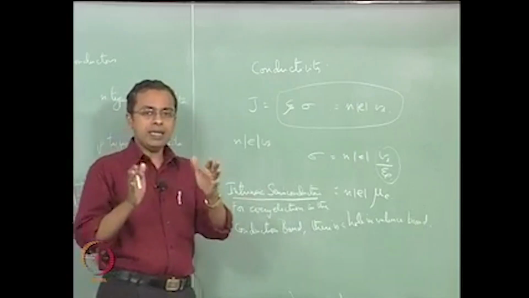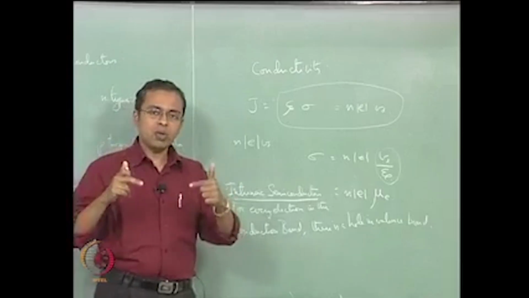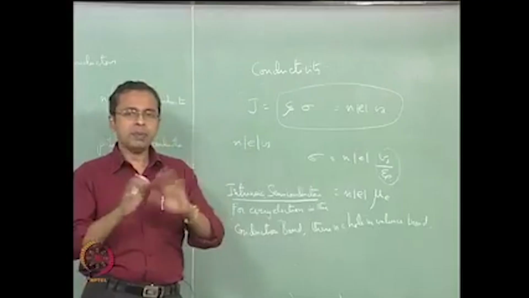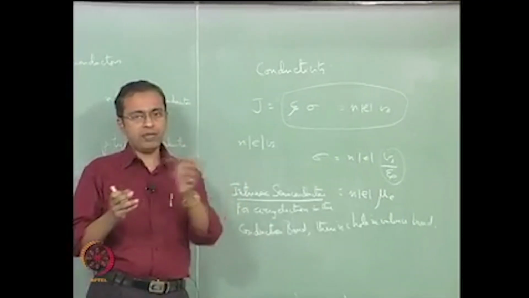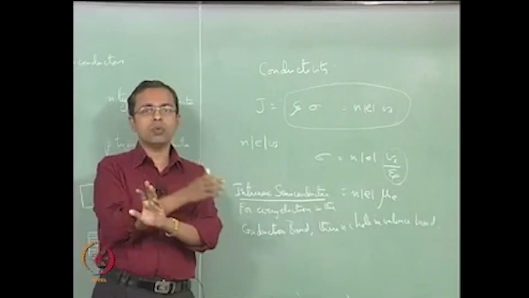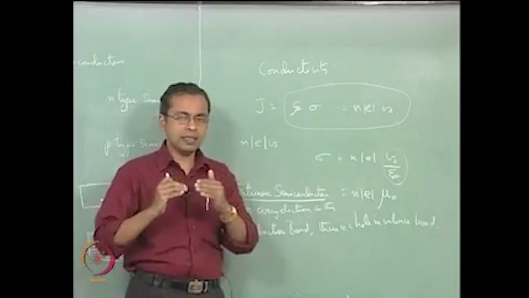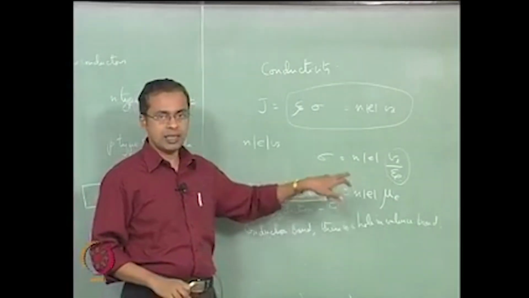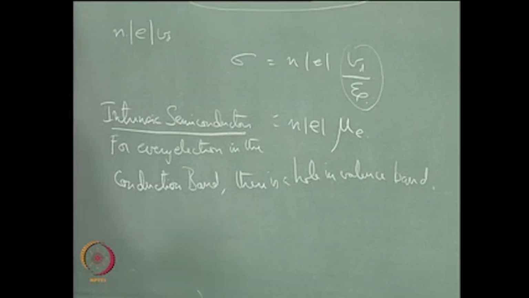Now when you apply a field, the electrons in the conduction band can move, and effectively the holes in the valence band can also move, except they will move in the opposite direction. In principle, you can step back and say it is only the electrons that are moving, but as the electrons fill up that location, you can think of the hole moving in the opposite direction. It is easier to describe it in terms of electrons in the conduction band and holes in the valence band. So both of them can participate in the conduction.